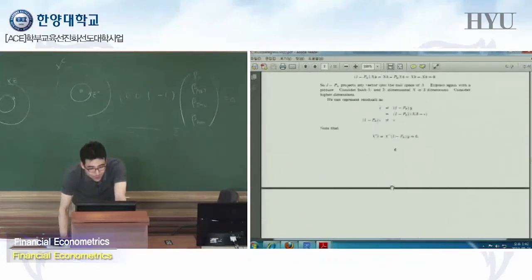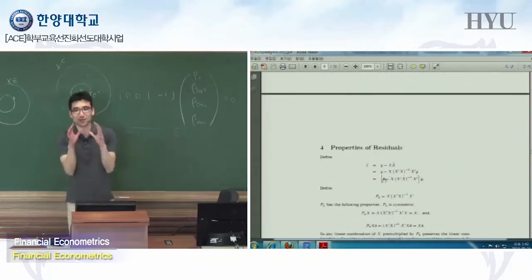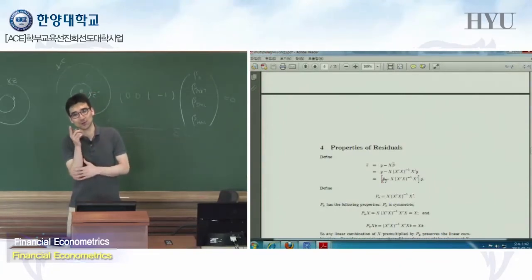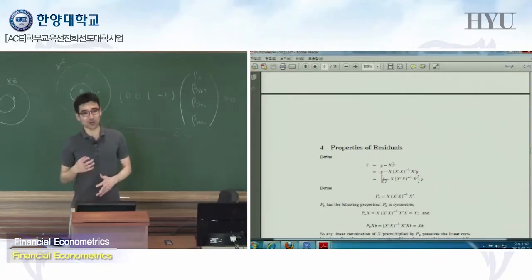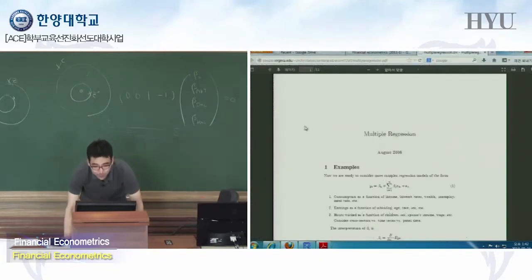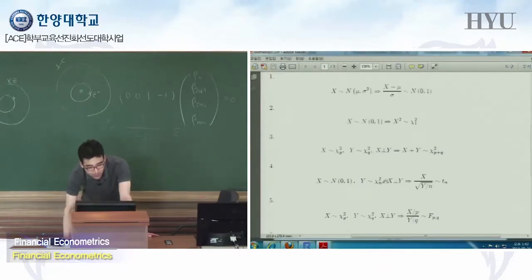Anyway, it is slightly different, but since sigma is something we don't know, we have to estimate it. Because this s square term follows the chi-square distribution, if x follows a normal distribution and y follows a chi-square distribution, then the ratio follows a t distribution.